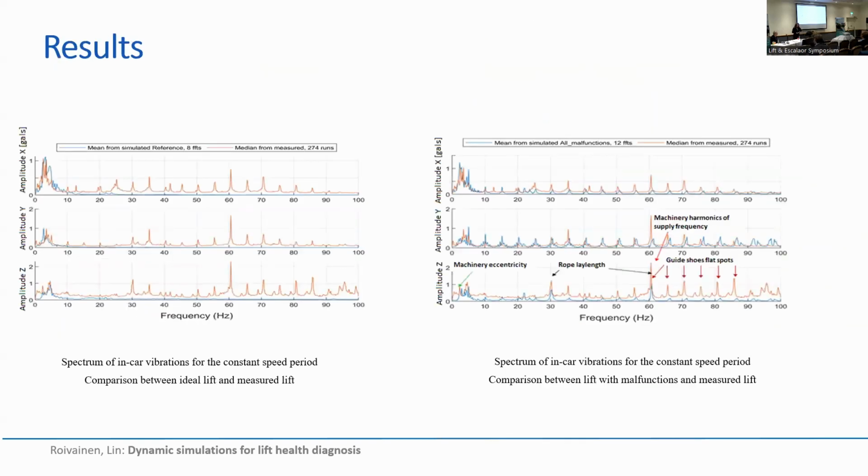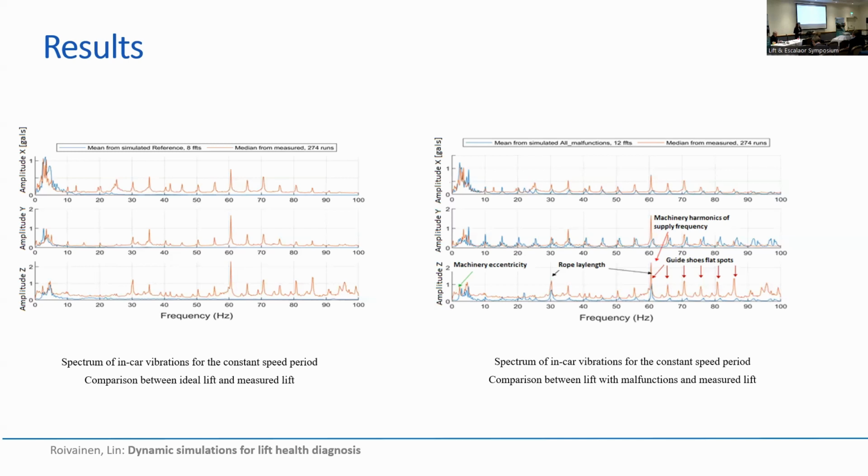Results. We had two results in the cycle where we go from simulation to measurements and back to simulation. In the right-hand picture, we have an ideal lift, which means that no malfunctions are simulated. The curve of this frequency response for the nominal speed is blue.